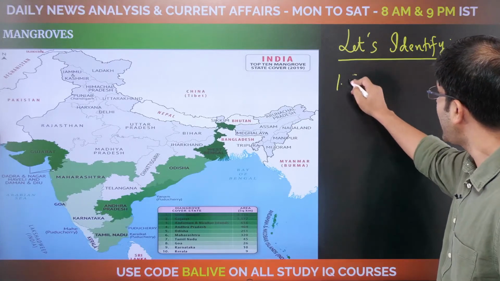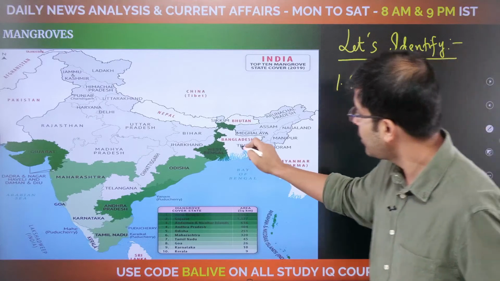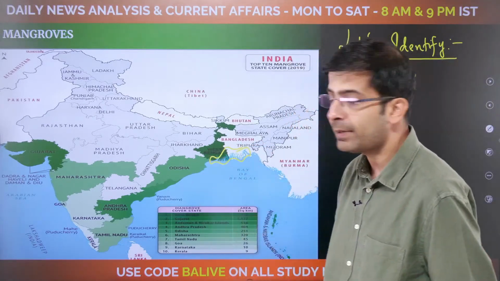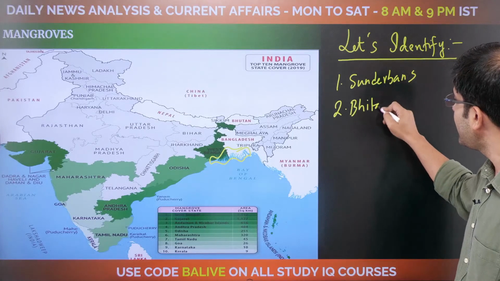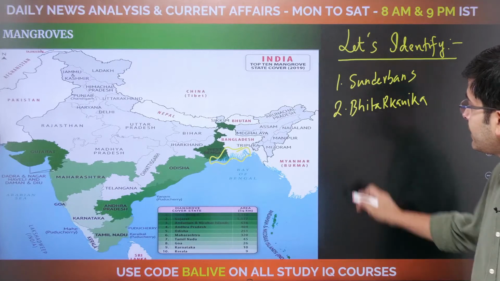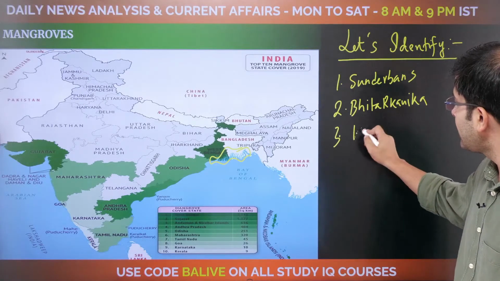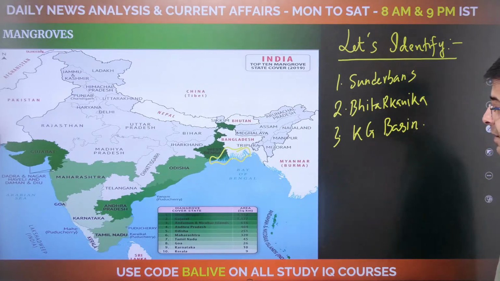Number one, you have the Sundarbans, obviously. Here, this whole area, Sundarbans between India and Bangladesh. You're also looking at Bhitarkanika. Which state is Bhitarkanika, guys? The Bhitarkanika mangroves in Odisha. You are looking at the Krishna Godavari basin. Again, an extensive network of mangroves.